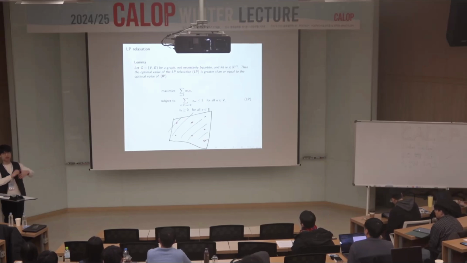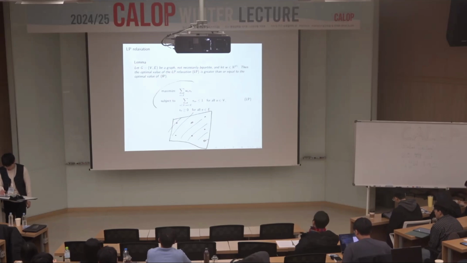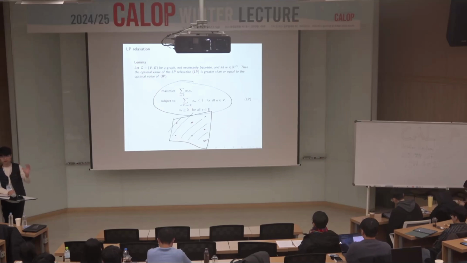Previously, you were looking at only these discrete values that are expressed in terms of dots. But now you are looking at a larger set of solutions. And because of that, if you solve this relaxation, its value is always an upper bound on the original value for the maximization case.